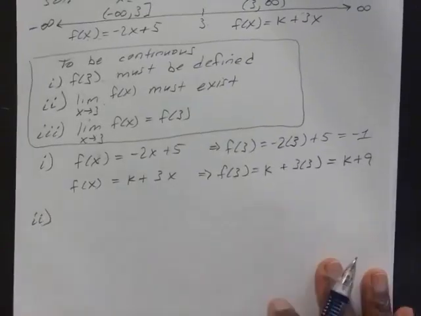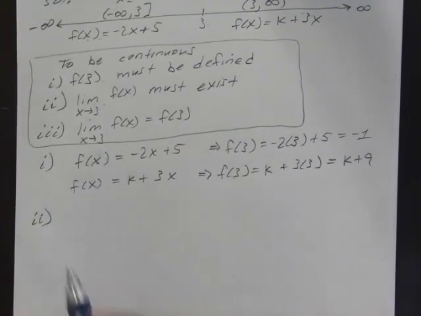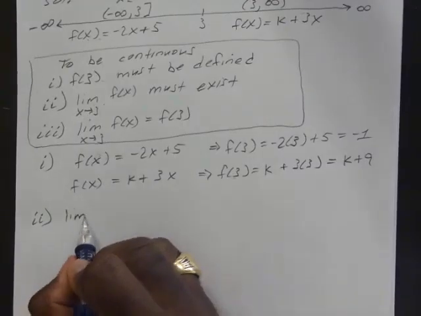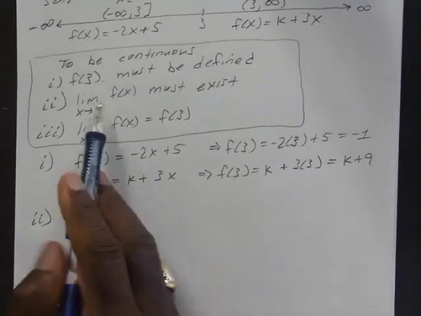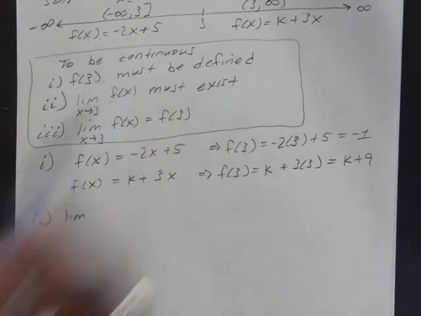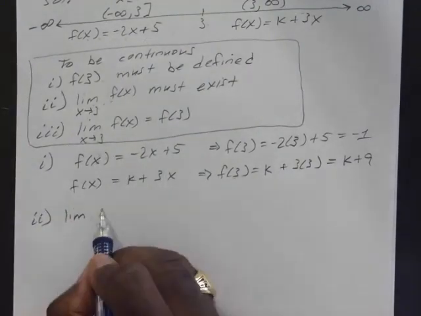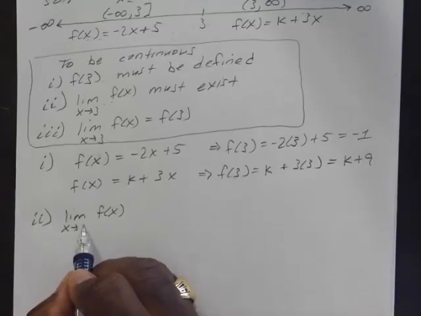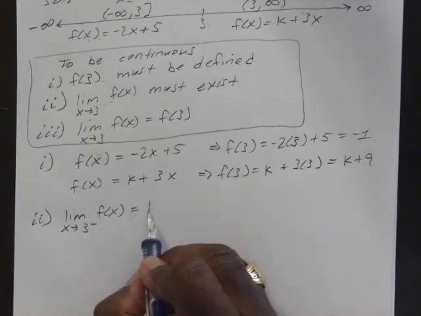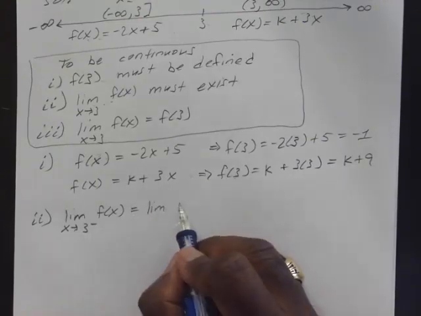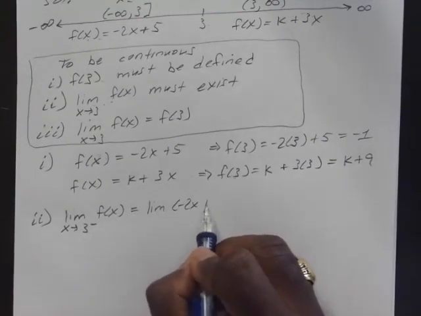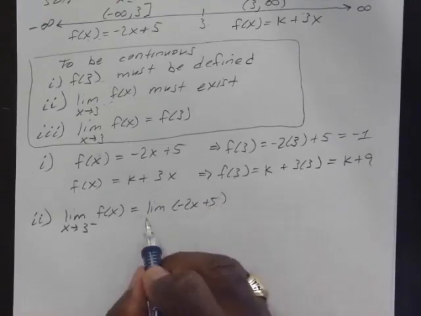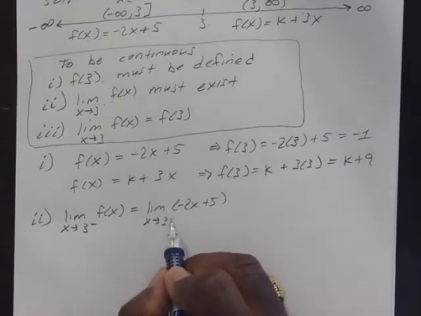Okay. So we know that the limit must exist. So the limit of f of x, which is negative 2x plus 5, as x approaches 3 from the left is equal to the limit of negative 2x plus 5 as x approaches 3 from the left.